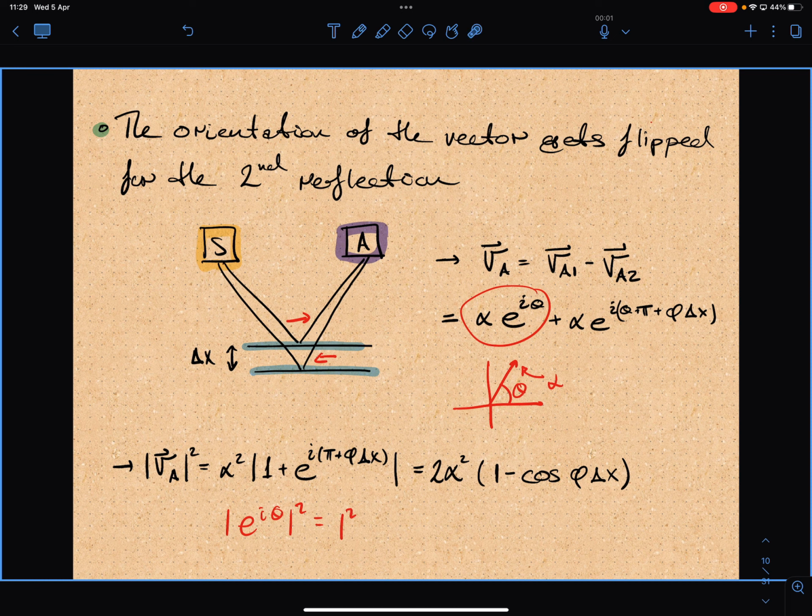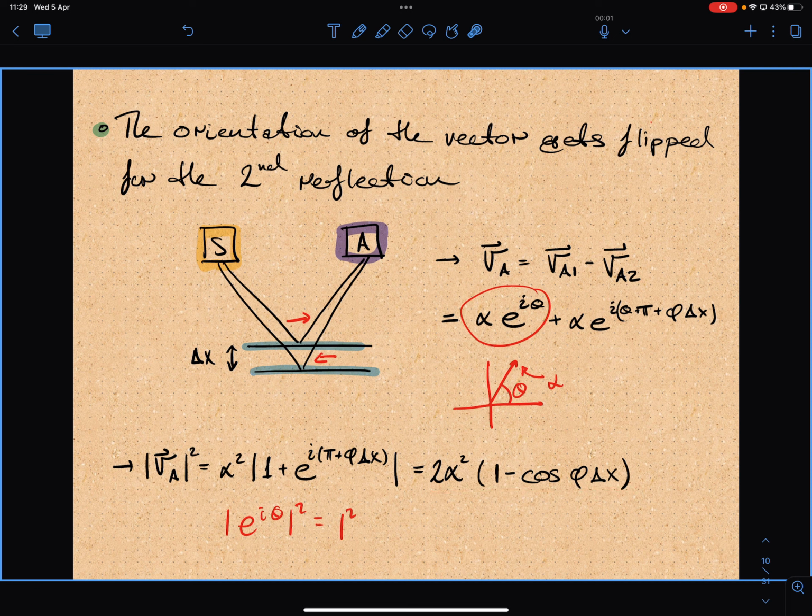So the effect is alpha squared times 1 plus e to the i(pi plus phi delta x). And this is going to be the amount that we're reflected.